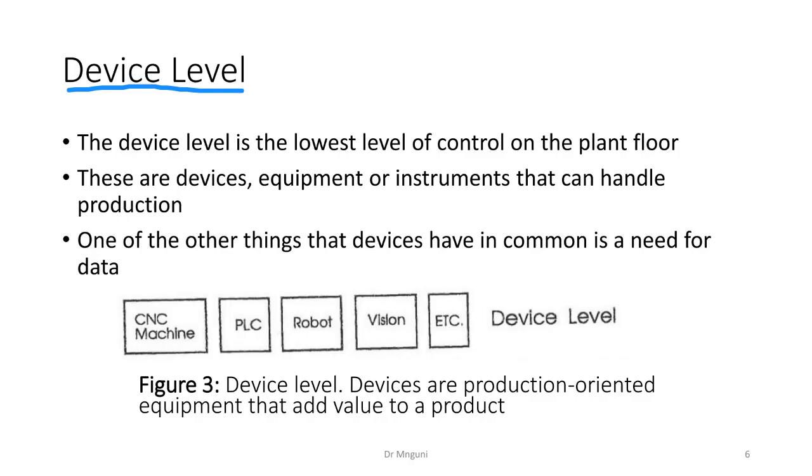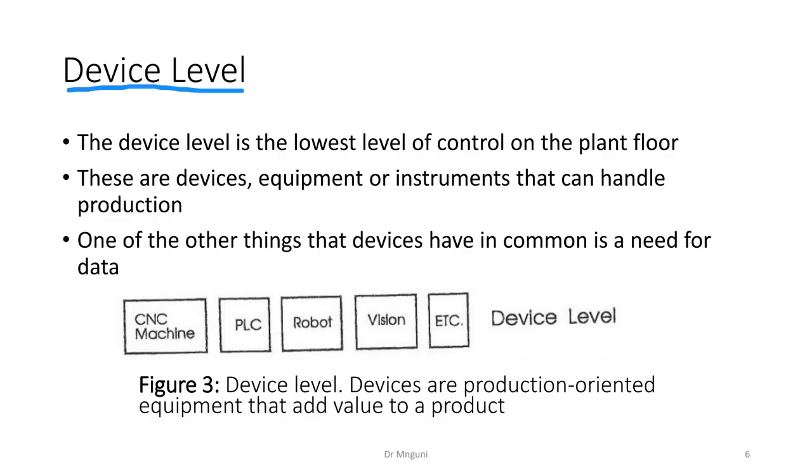So the fact that you are sitting in Process Instrumentation 3 means you have several things in common. You've got an understanding of the subject that you are sitting in. It's a similar setup when it comes to the device level. Those devices sitting at that level more or less have several things in common. And these are the devices or instruments that are used to handle production.